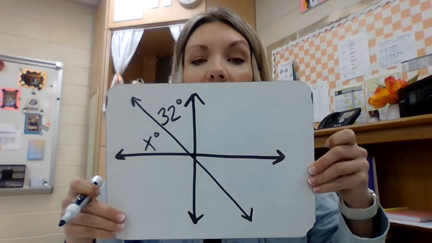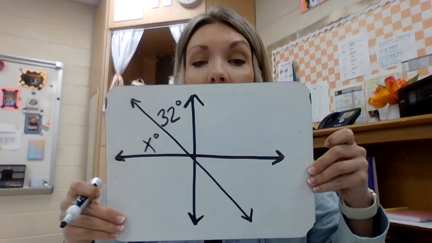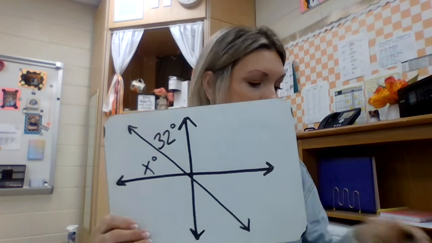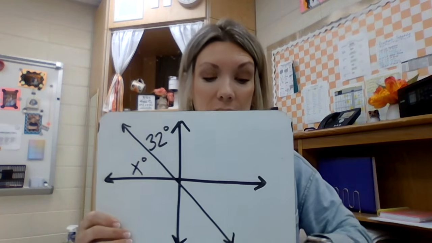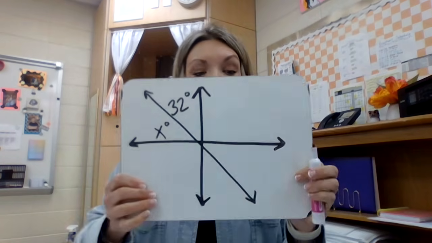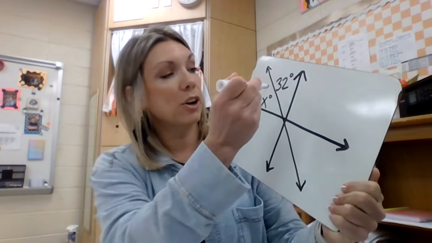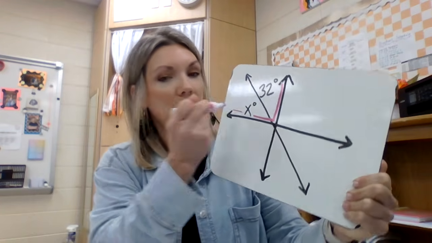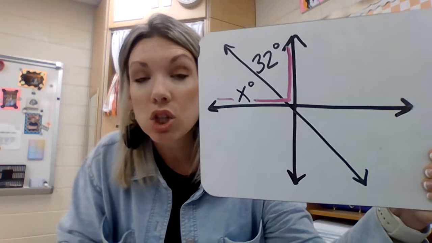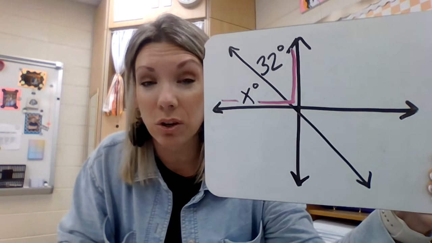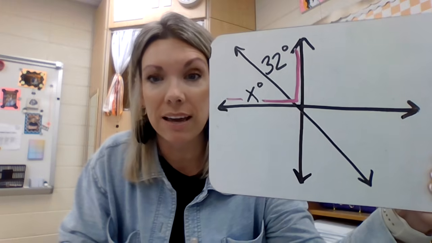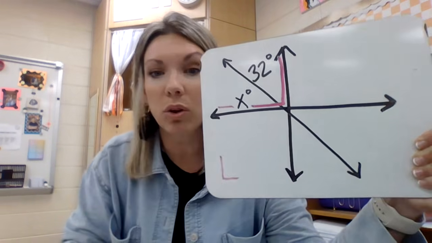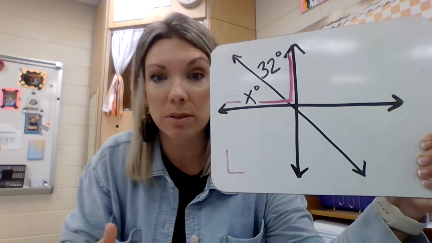All right, when you look at this one and we are solving for X, you need to pay attention to the fact that X and 32, if you put those together, they are right in between a right angle here. And that right angle should total to be 90 degrees. We learned that on the little worksheet that I gave. Anything that looks like an L like this, everything inside of it should total up to be 90.